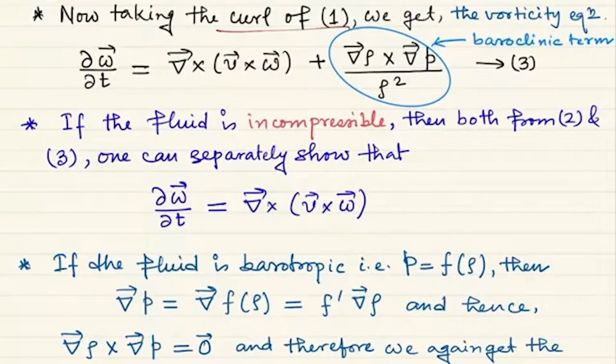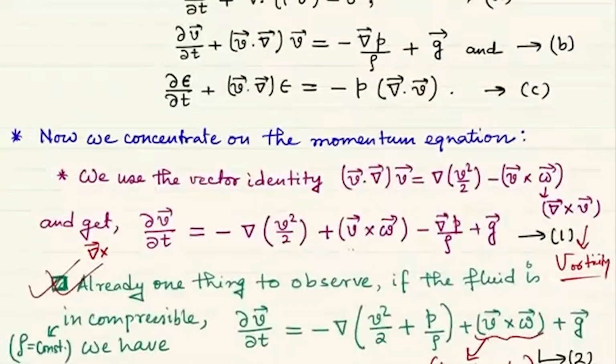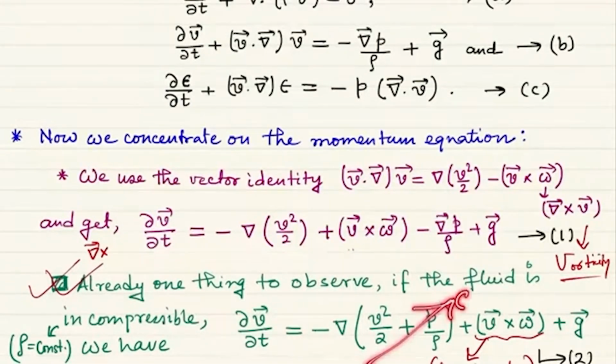Now, if the fluid is incompressible, of course, then both from 2 and 3, so basically from 2 we have already shown this is a curl. So it's a gradient, so if you take the curl, this part will be just del omega del T for an incompressible fluid. Once again, this part under a curl will totally go off, and this part will be non-vanishing.